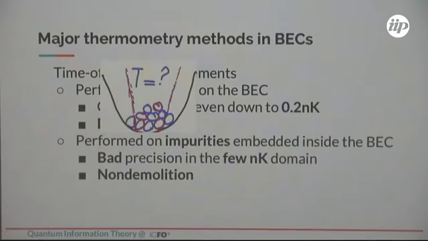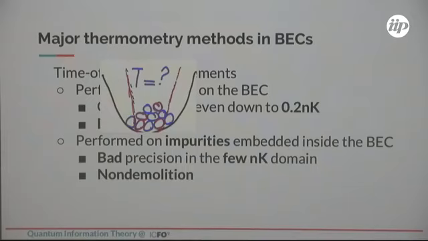Alternatively, people usually introduce a second species of BEC in a different trap, which I show with these red balls, and then do the same measurement now with this second species.